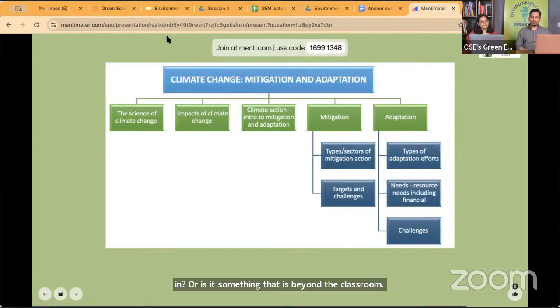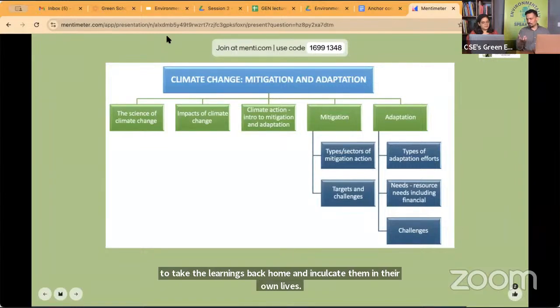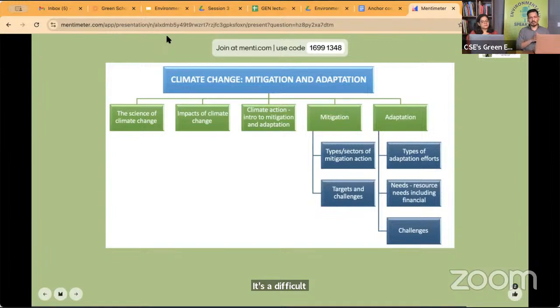I think it is not, but like every other subject, I think it is difficult to take the learnings back home and inculcate them in their own lives. It's a difficult thing. For this subject as well, it's difficult, but I think it should be encouraged. Whatever you are teaching in the classroom, definitely students should take that home and apply it in their own lives.